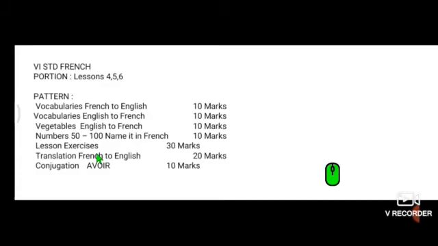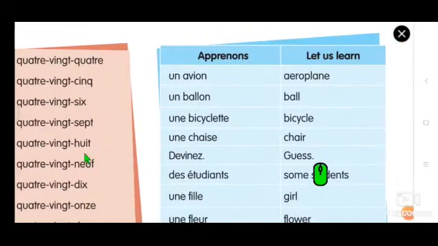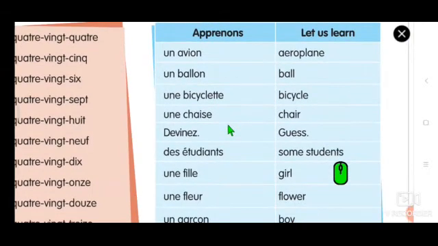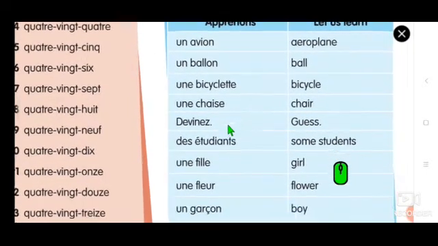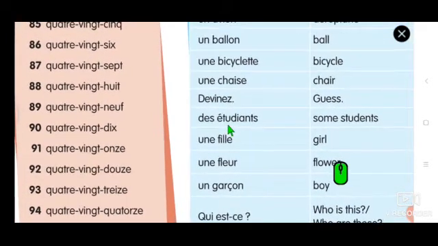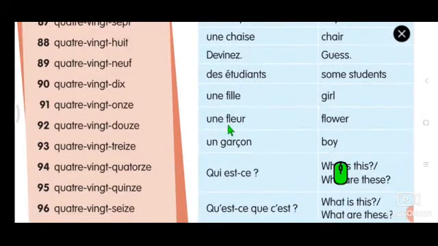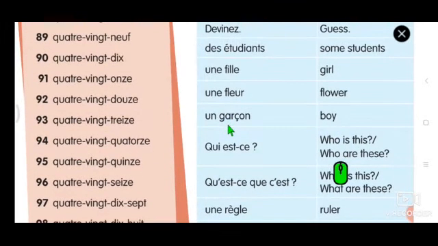Let's start with lesson 4 vocabulary. Un avion, un ballon, une bicyclette, une chaise, deviner, des étudiants, une fille, une fleur, un garçon.